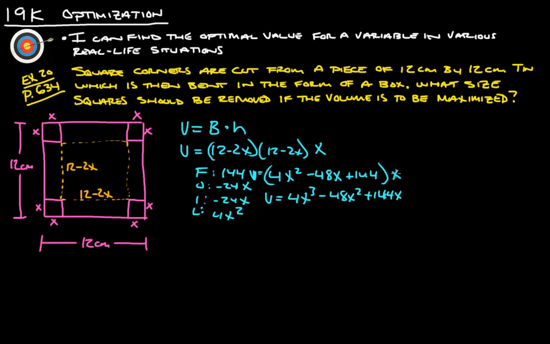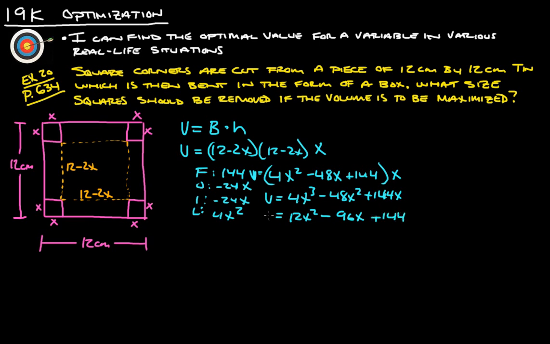All right. So what we're going to want to do now is take the derivative of this thing here, because again we've got this cubic function, and we're trying to figure out when we can maximize the volume. The derivative is going to be 12x squared minus 96x plus 144.